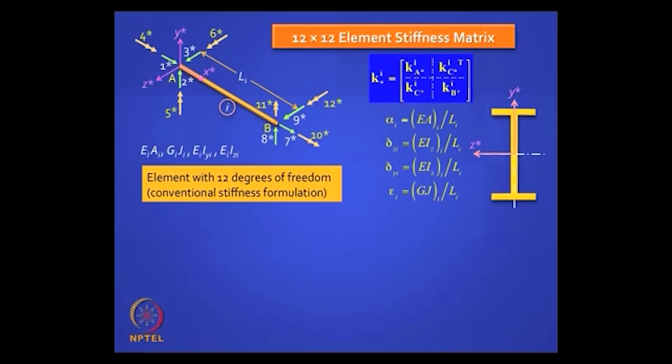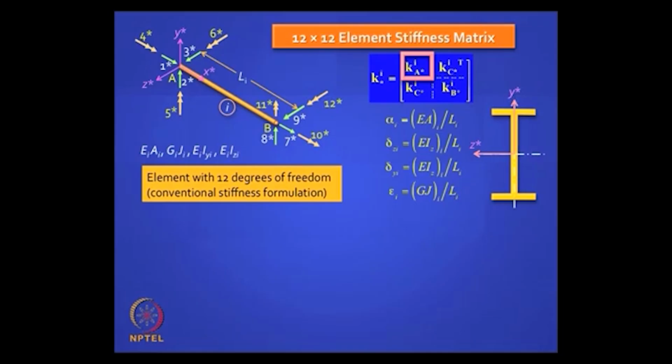J of course has to be correctly assigned, please note, because this is a non-circular section, right. Can you write down in terms of alpha, delta Z, delta Y and epsilon, at least Ka star?